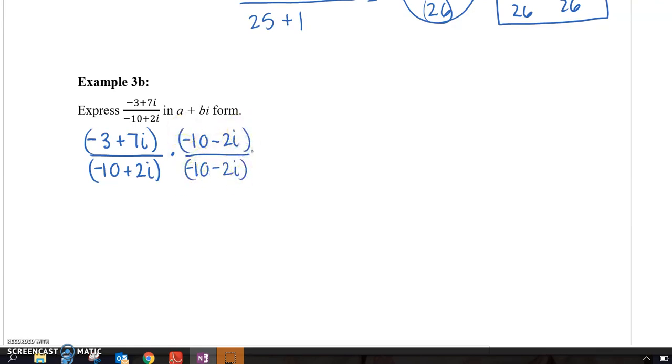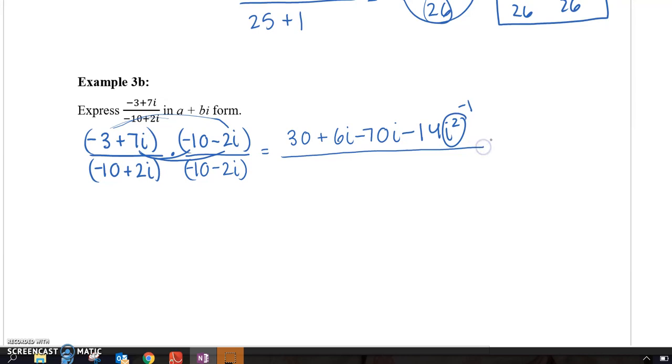We go through and do this. Negative 3 times negative 10 is a positive 30. Negative 3 times negative 2i, positive 6i. 7i times negative 10, negative 70i. 7i times negative 2i, negative 14i squared. i squared is negative 1.